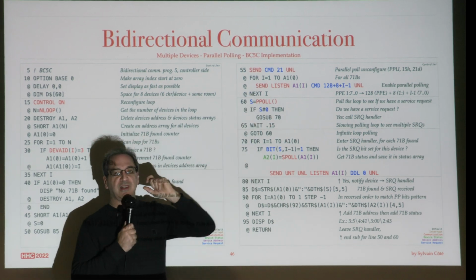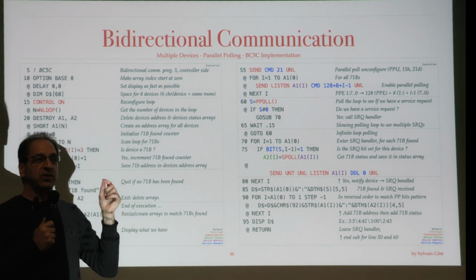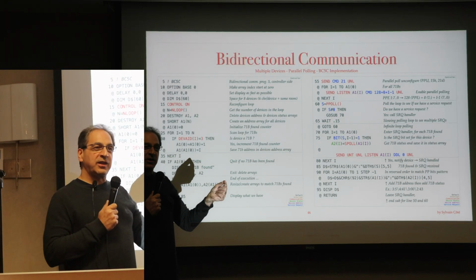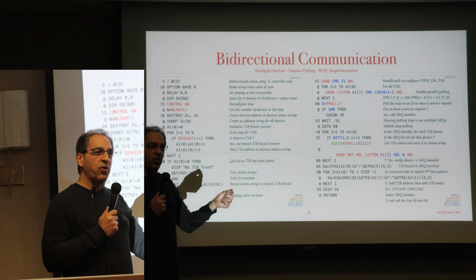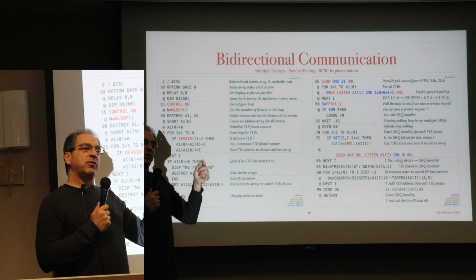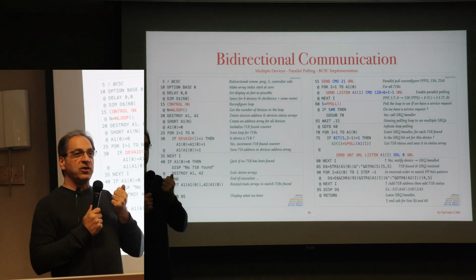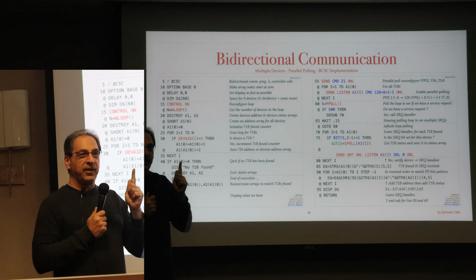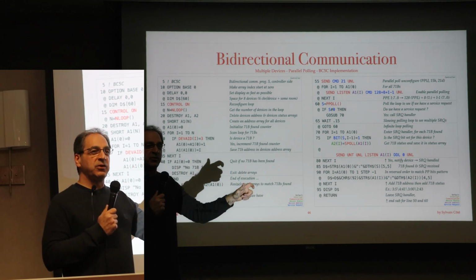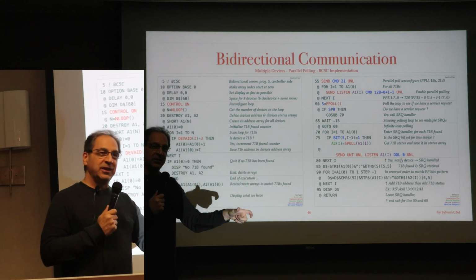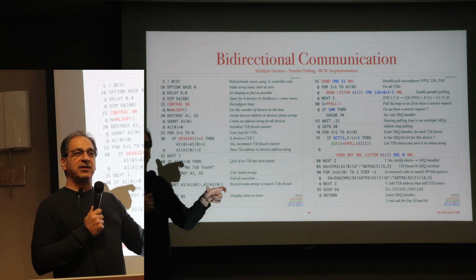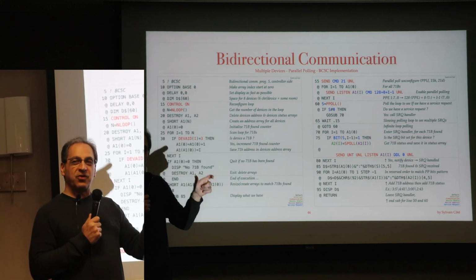A parallel poll is an entity frame, but the difference between the service request function that I was sending before and this one is that the service request function was returning to me as value only the service request bit. The parallel poll is returning me the data in the entity frame where the bit is set for which device needs to be serviced.